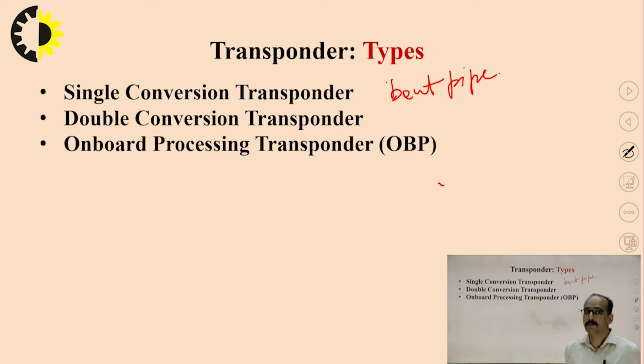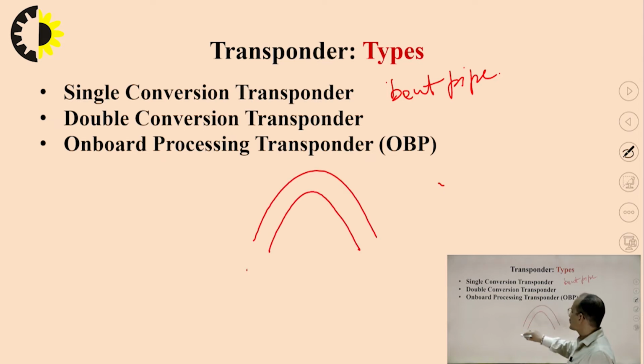How did this bent pipe name come into the picture? Actually, the transponder works just the same as a water supply line pipe. You are sending the water from here and getting it from here. This is just a bent pipe. That's why it is called a bent pipe transponder.